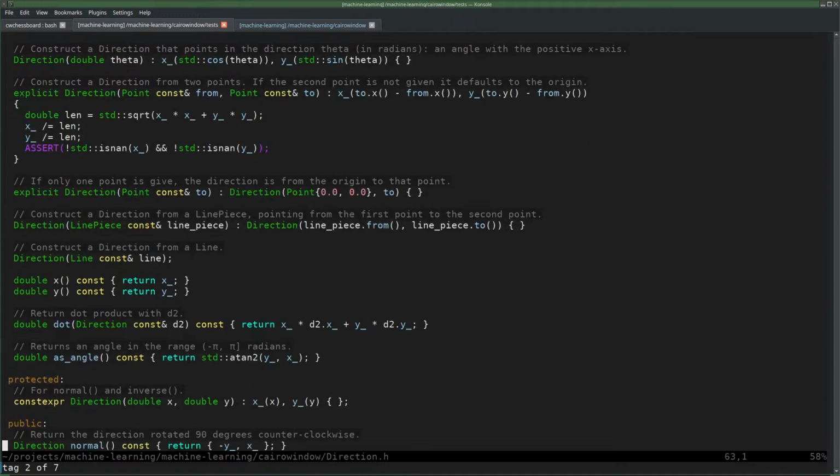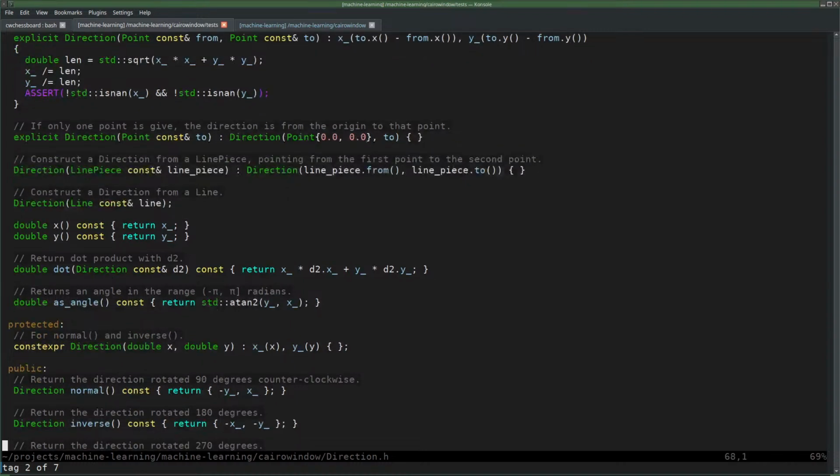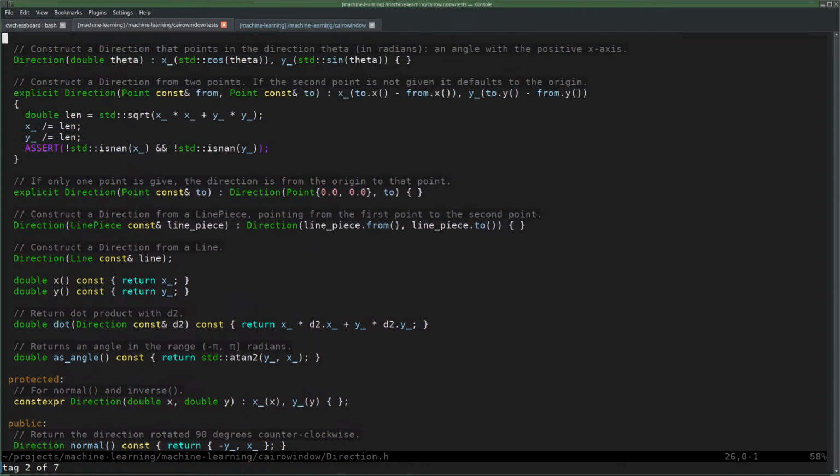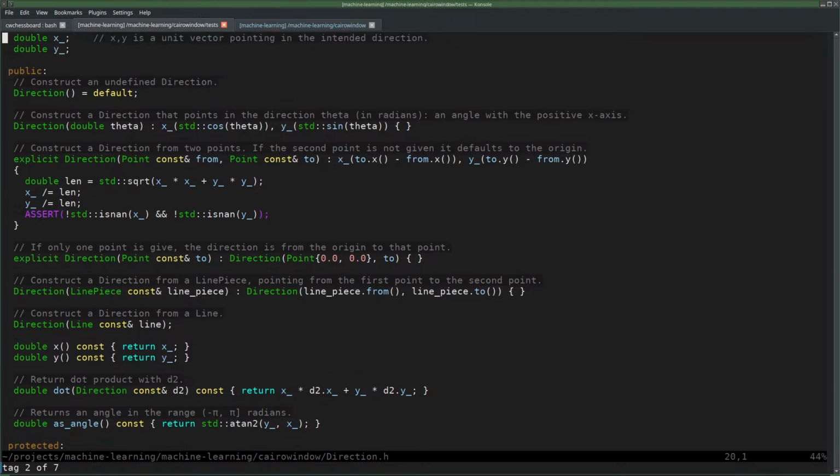I could create 2 artificial points. Yeah, I think I'm gonna create 2 artificial points.